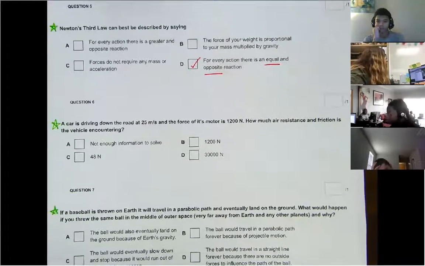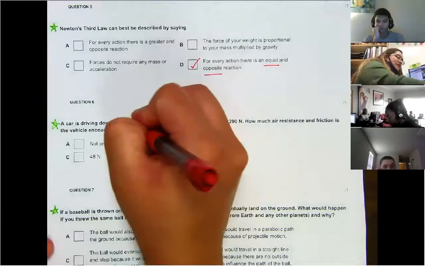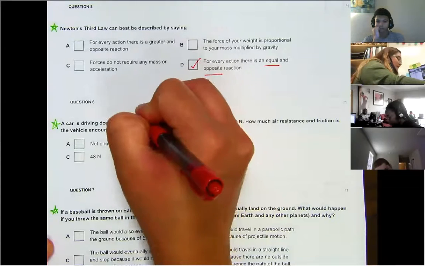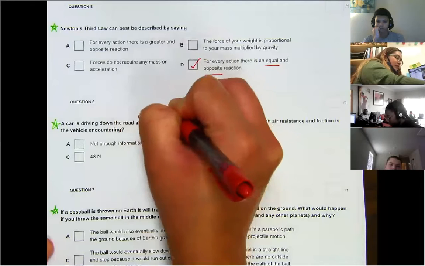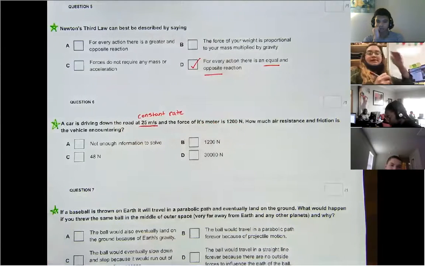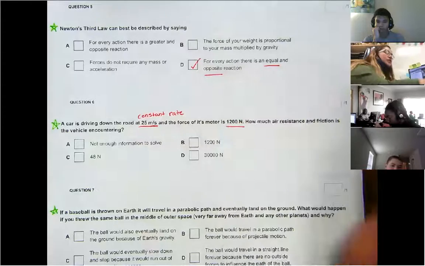All right, the next one. A car is driving down the road at 25 meters per second. So we're going to assume that this is a constant rate, because it doesn't say it's accelerating, it doesn't say it's speeding up or slowing down. And the force of the motor is 1,200 newtons.